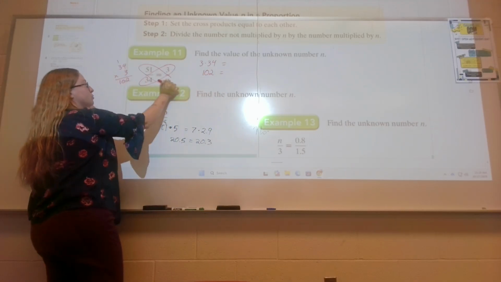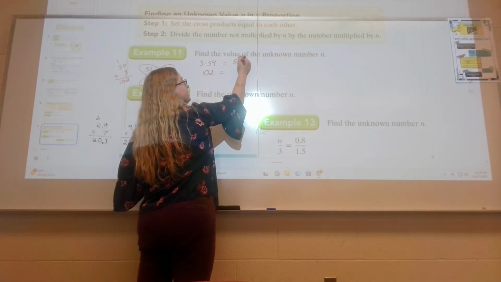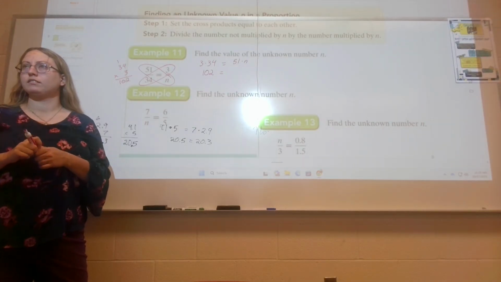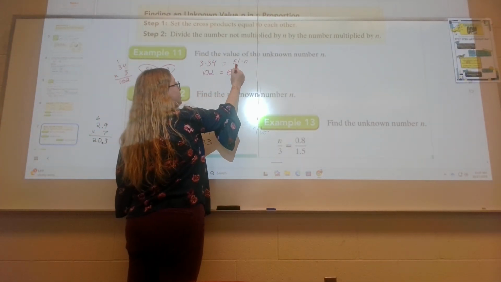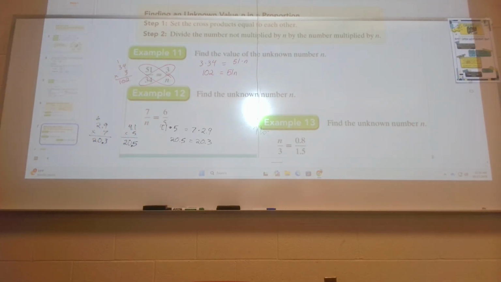My other cross multiplication is 51 times n. How do I write 51 times n? 51n. When it's multiplication with a letter, we don't have to write the multiplication. So we have 102 equals 51n.